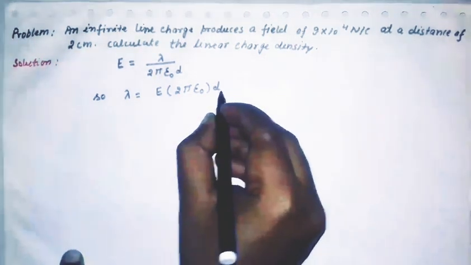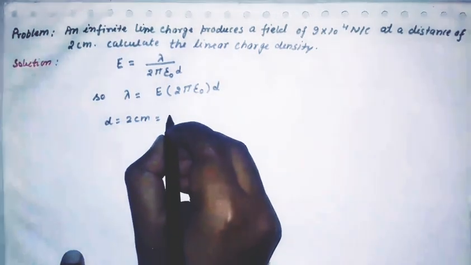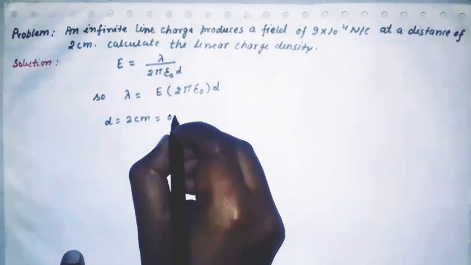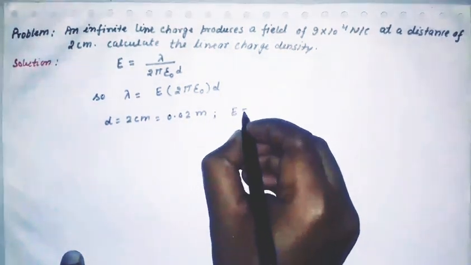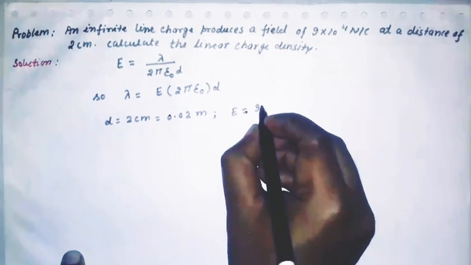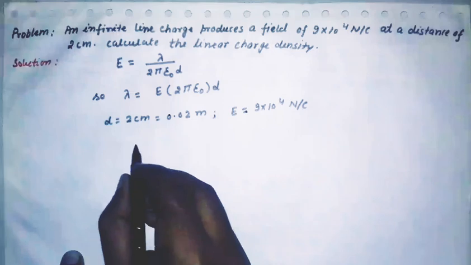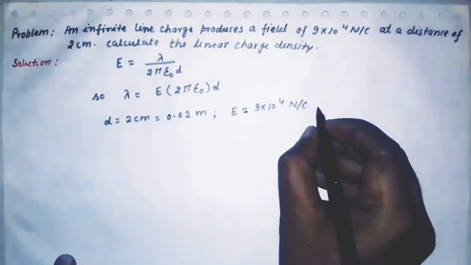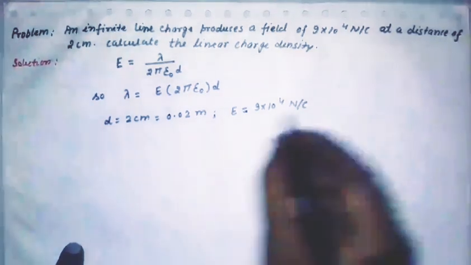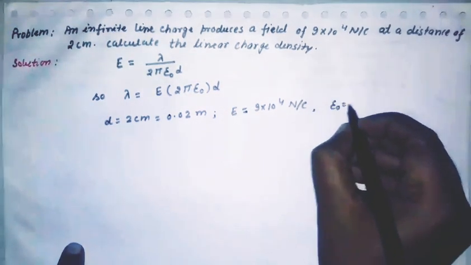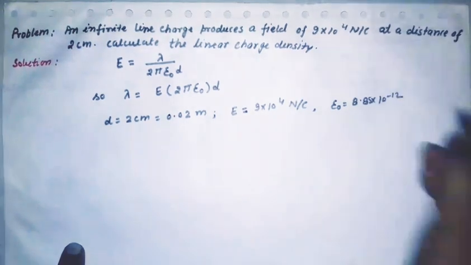Here D is 2 centimeter, or 2 divided by 100, or 0.02 meter, and E is 9 into 10 to the power 4 Newton per coulomb, and epsilon naught is 8.85 into 10 to the power minus 12.